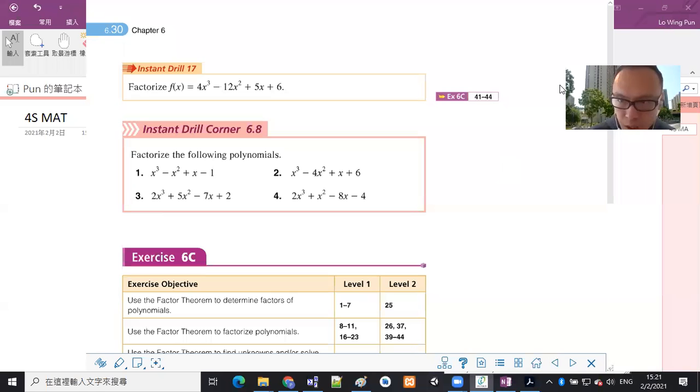So yesterday we learned how to use the factor theorem to factorize the first factor of a cubic polynomial.